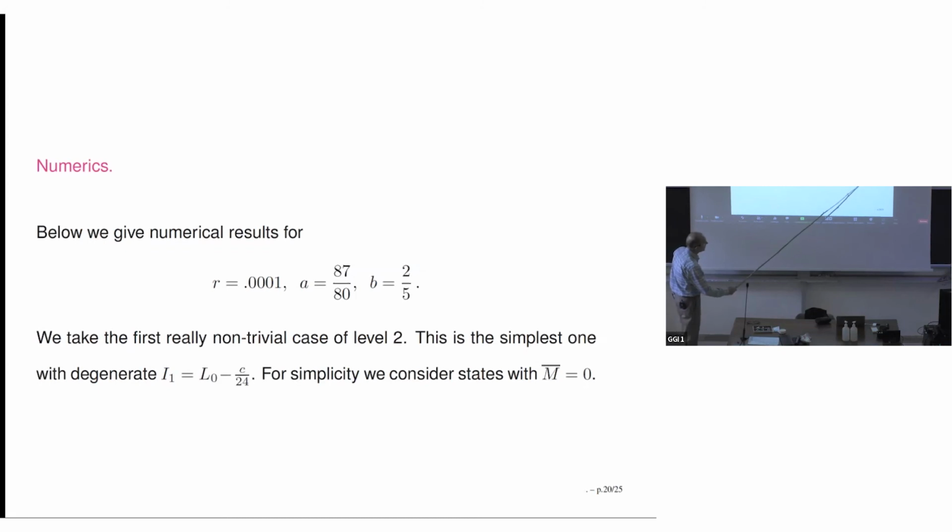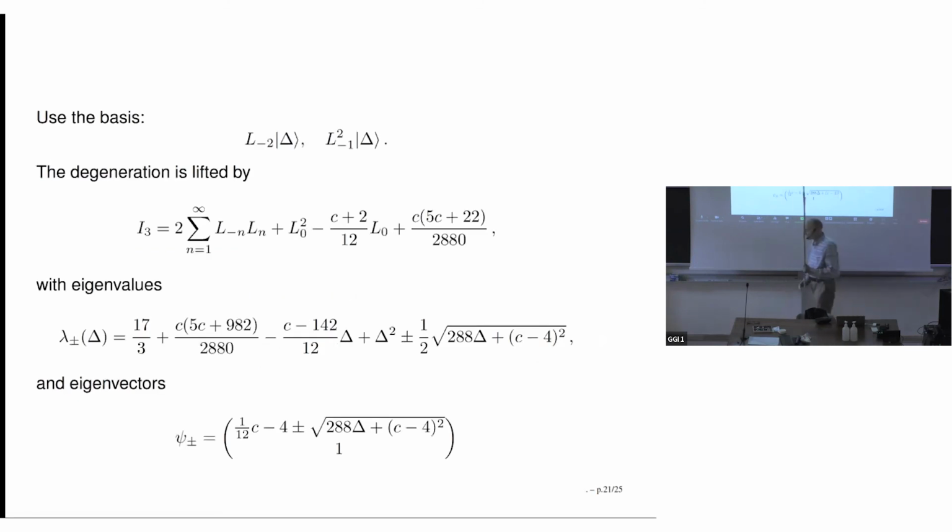For simplicity, I consider only chiral descendants. I consider the first interesting case, which is level 2, where the spectrum of L0 is degenerate. So I have two states, L minus 2 and L minus 1 squared.